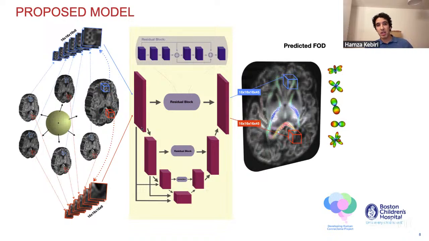So we use these residual blocks so that the information flows better. Also, one of the main reasons this method works is that we take large patches, 16 by 16 by 16. We tried different ones, but basically we have a lot of information, and there is some neighboring information between the different voxels. So the network uses this information.